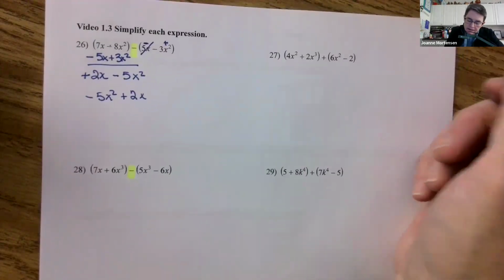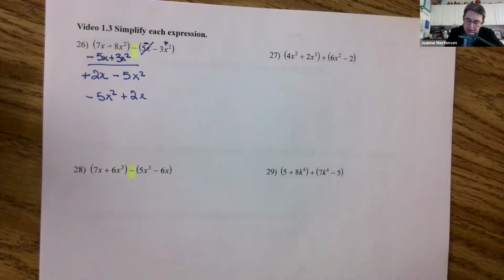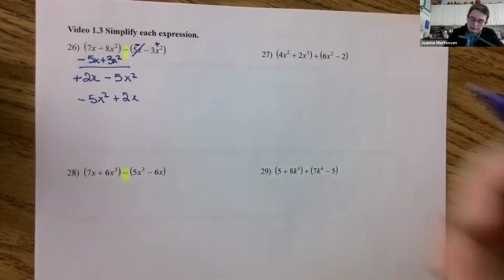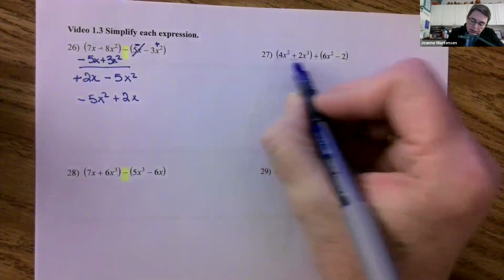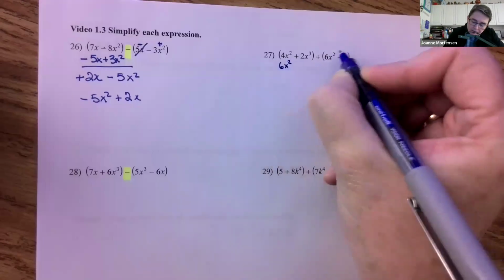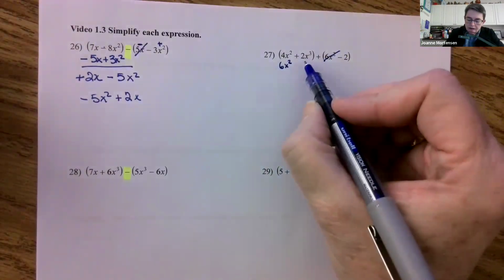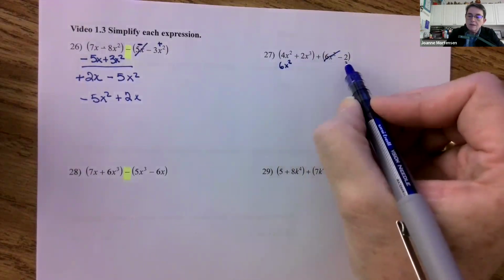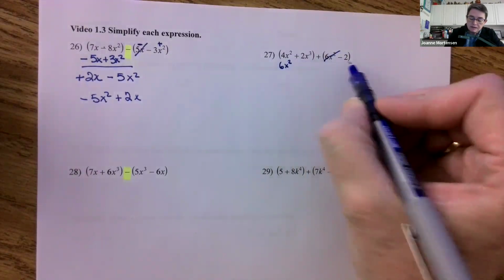Okay, let's look at the next one. It's plus, so I don't have to mess around with my signs. All I need to do is stack. I have 4x squared and 6x squared, so I just bring this down. I don't have any more x cubed, so I'm going to leave that alone, and I don't have another constant, so I'm going to leave that alone.